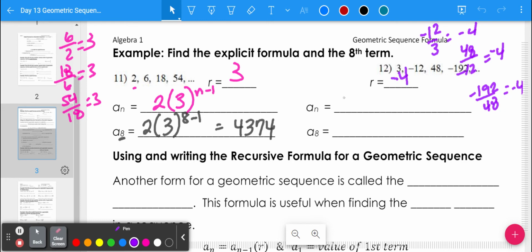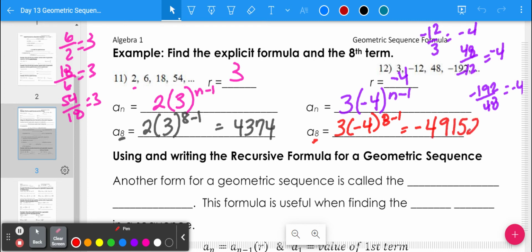My first term is 3 times negative 4 to the n minus 1 power. And I'm finding the 8th term again, so 3 times negative 4 to the 8 minus 1 power. That's going to give me negative 49,152.